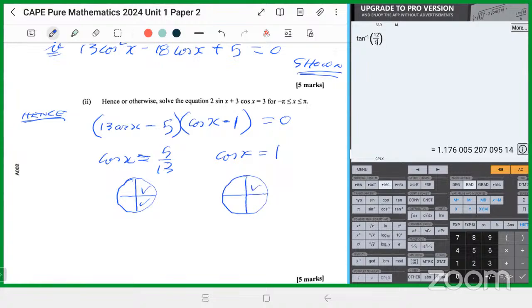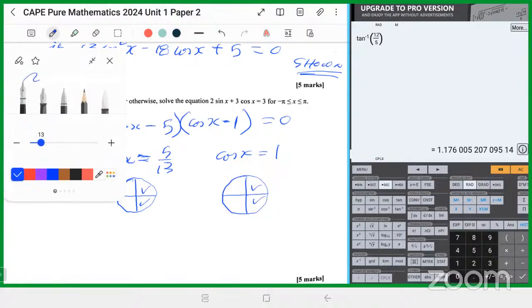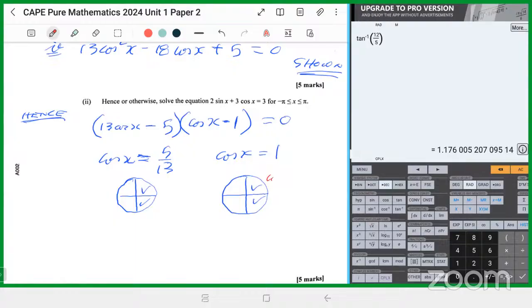We still only want this and this. But cos of 0 is 1. So the principal angle for this is cos to the minus 1 of 1, which is 0. So the angle is 0. When the angle is 0, it is also 2 pi. It cannot be pi because the cos of pi is negative 1. You can show it on the calculator here. The cos of pi is negative 1, so we can't use that.